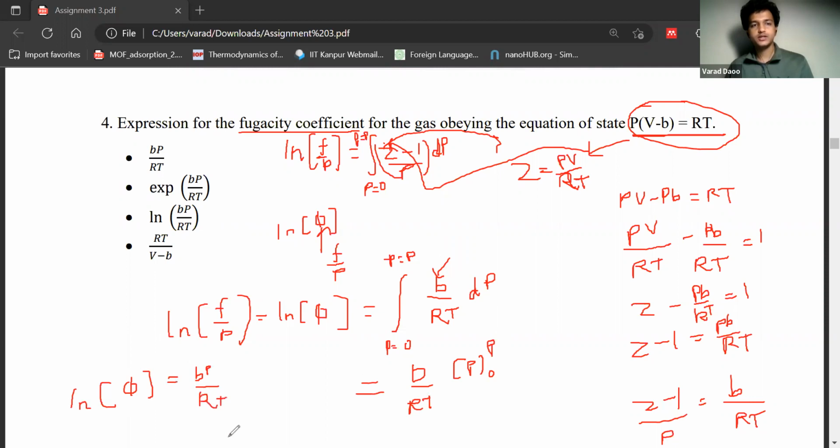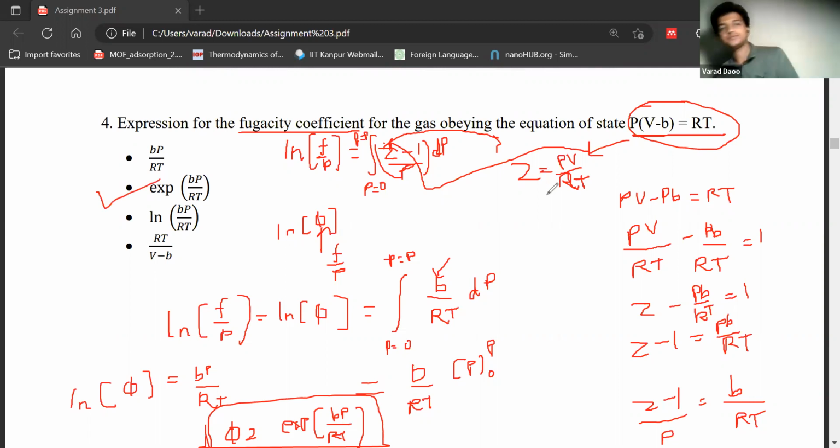That means we just take the exponential, so phi is equal to exponential of bP by RT. Okay, this is the answer which we want. So the correct answer is option B. Right? So anybody got it?